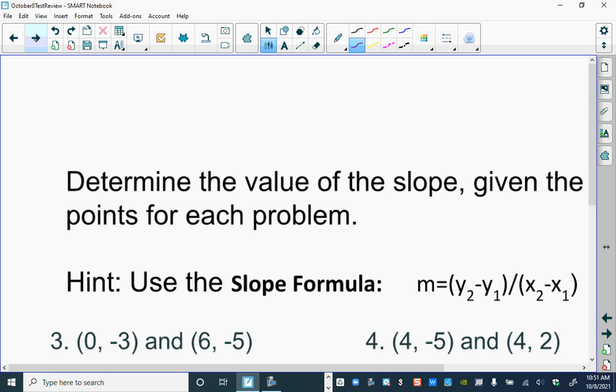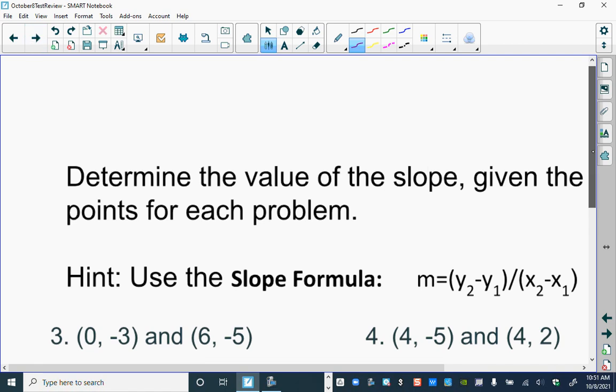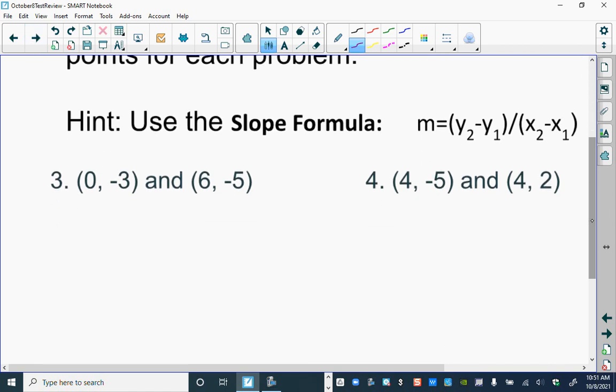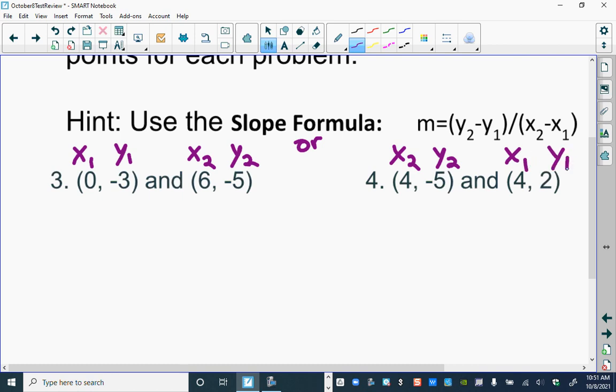All right, this one. Remember, you could label x1, y1, x2, y2, or x2, y2, x1, y1.